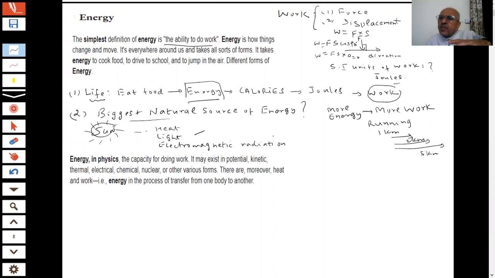An important point: photosynthesis is taking place. You know what photosynthesis is, students? Plants are preparing their food. What are they using? Carbon dioxide, water, and sunlight is falling here.